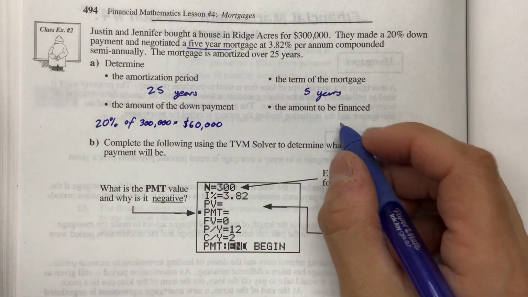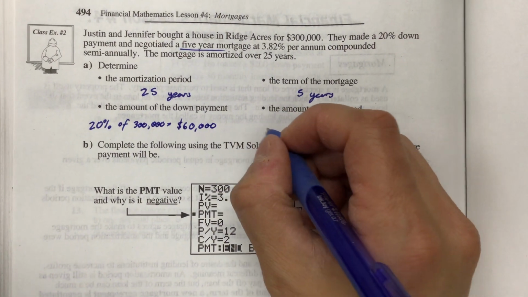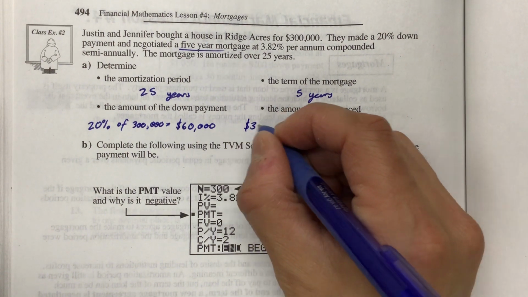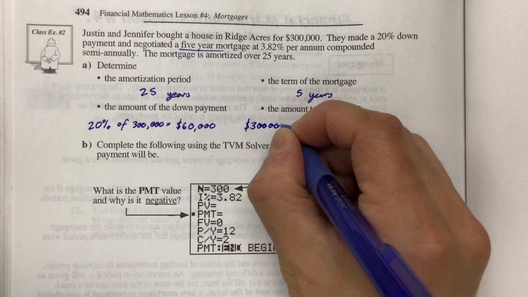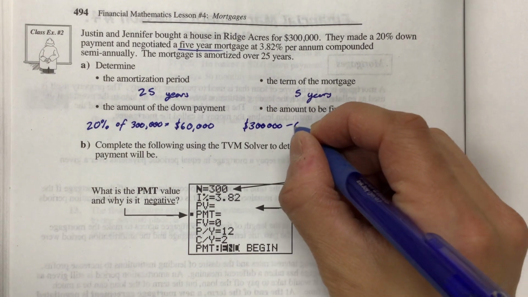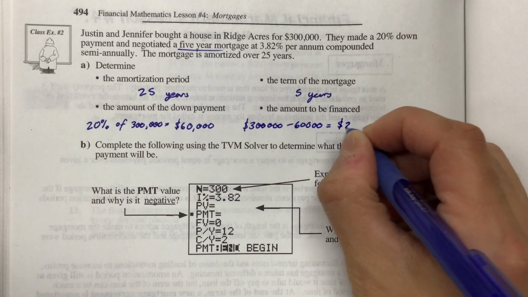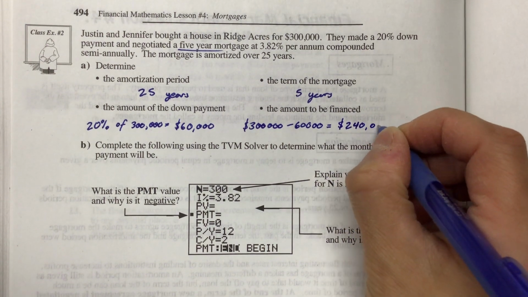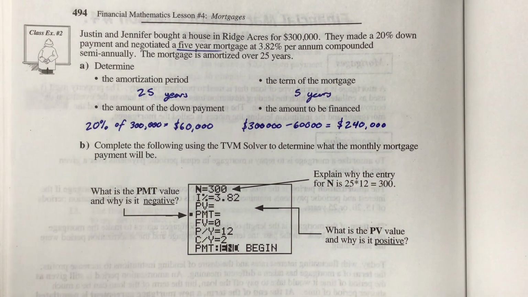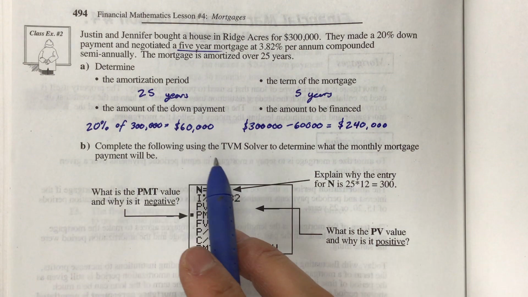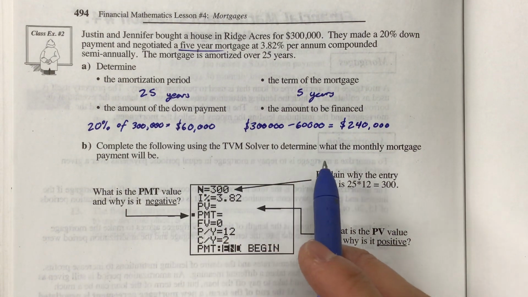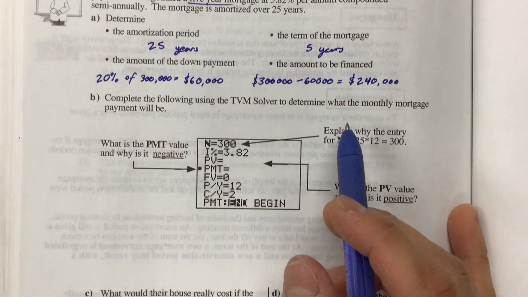And the amount to be financed would be the total amount minus the down payment, so a $240,000 mortgage. Now we want to complete the following using the TVM solver to determine what the monthly mortgage payment will be.